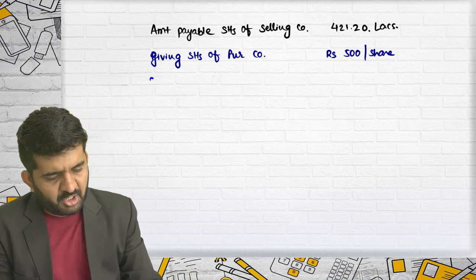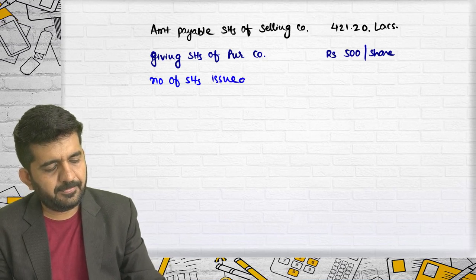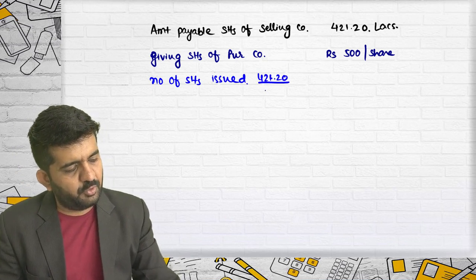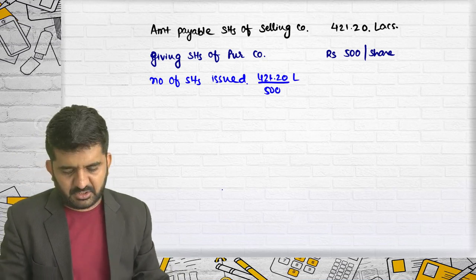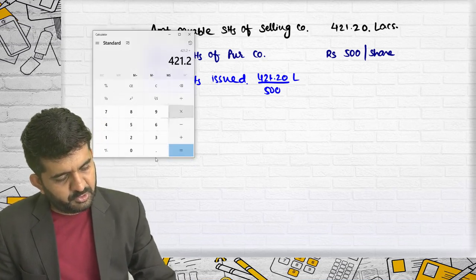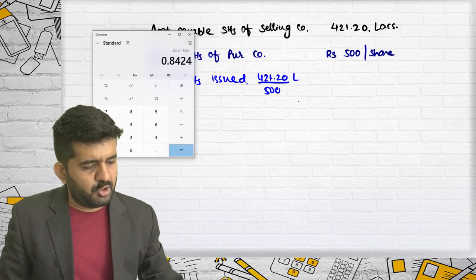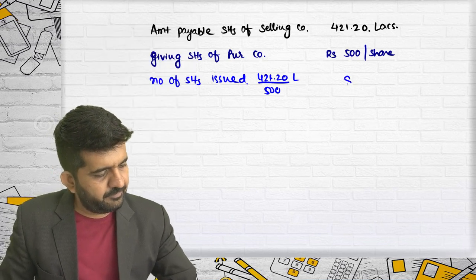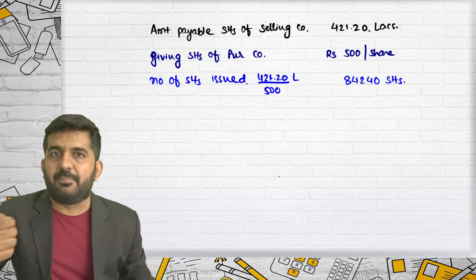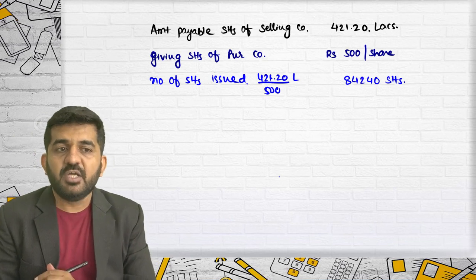How many shares should be issued? It will be this divided by this: 421.20 divided by 500. This is in lakhs, this is just 500. The answer will be in lakhs. It is 84,240 shares, which will be issued by the purchasing company to shareholders of the selling company.